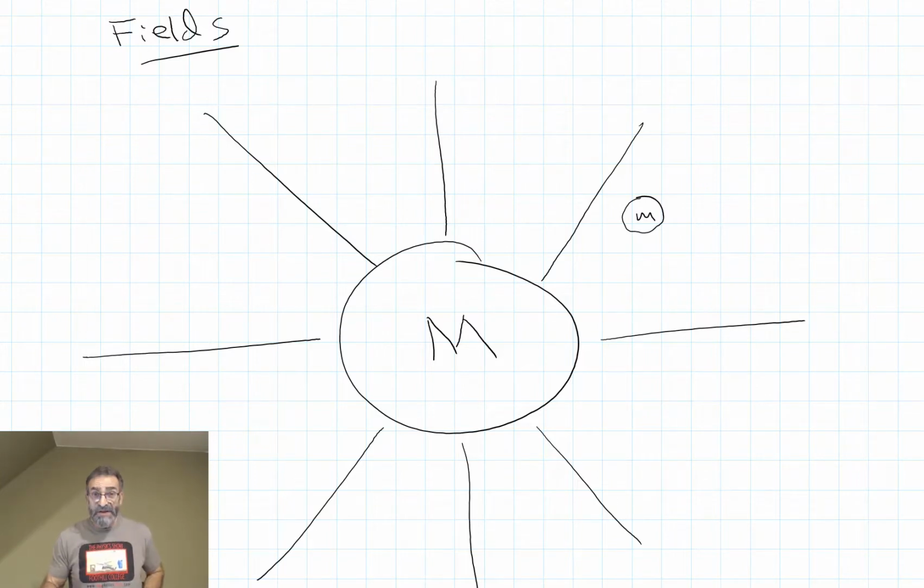And what direction do our gravitational field lines point from this massive object? They point in the direction that another massive object would go if we put it there. If I put a mass here, what direction would it go? It would feel a force in this direction, and it would move in that direction.